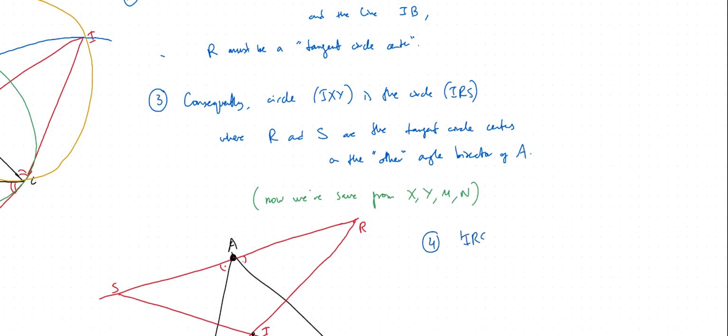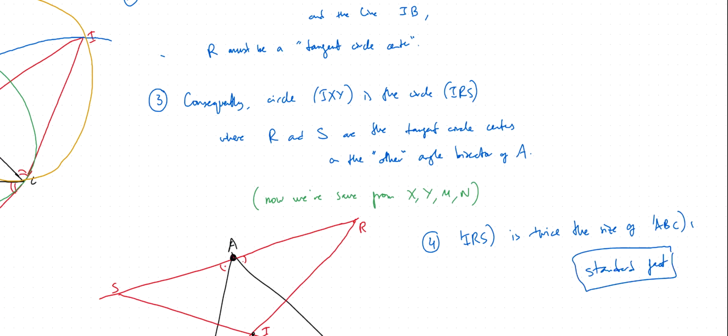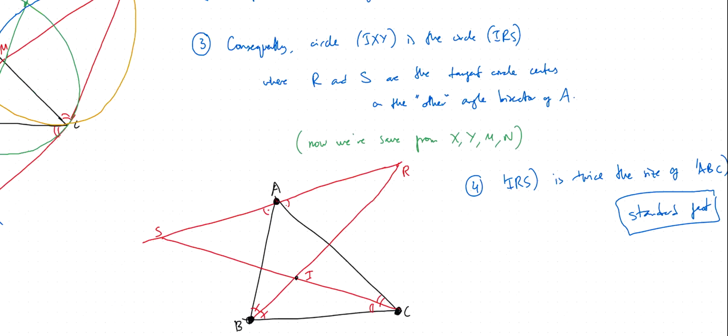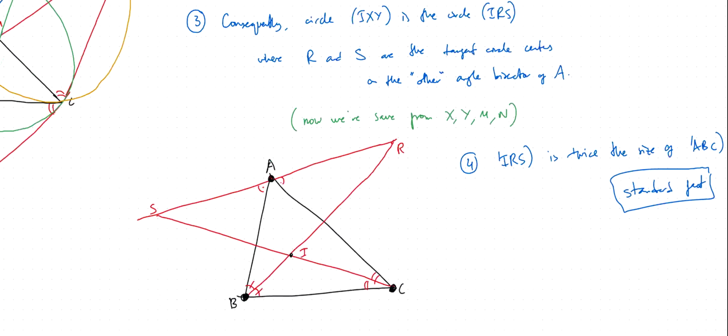The circumcircle of IRS is twice the size of ABC. This is a standard fact, because ABC is the 9-point circle of IRS.